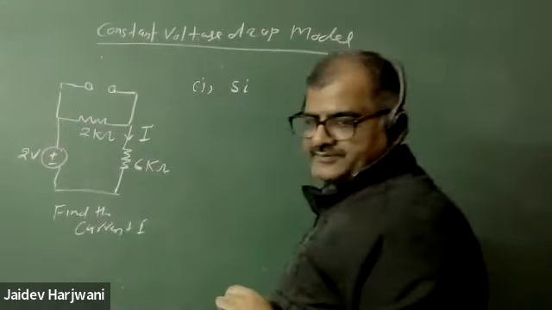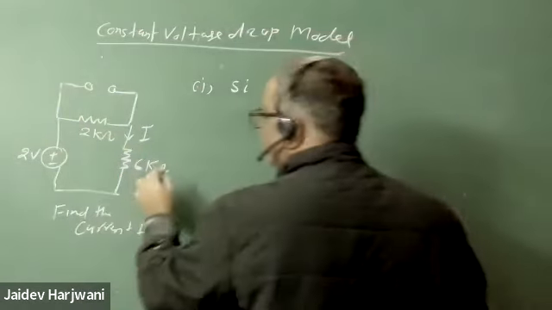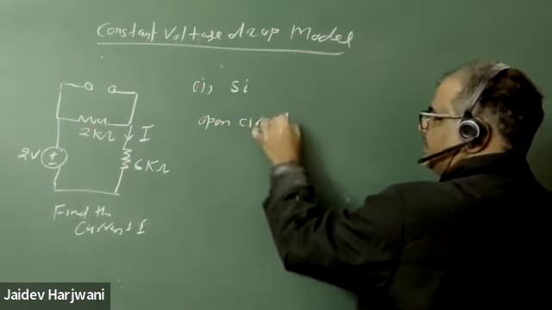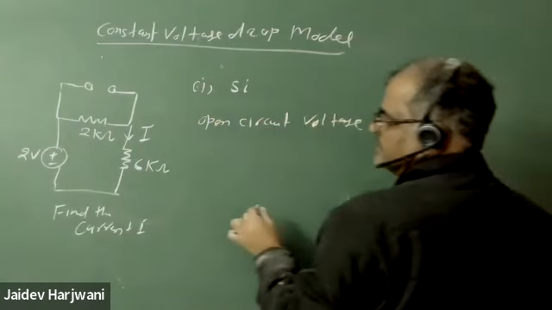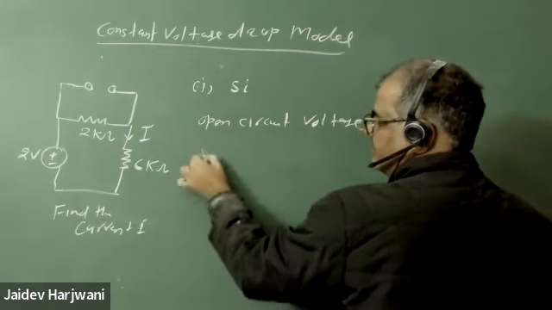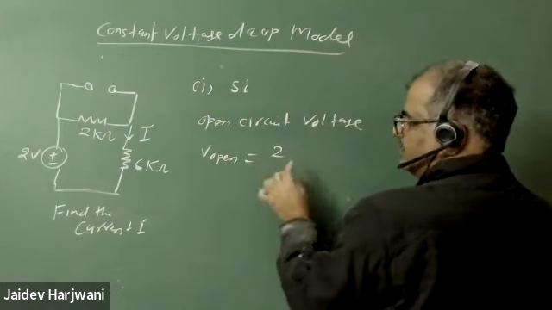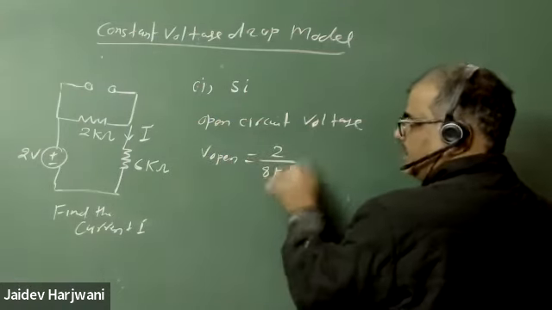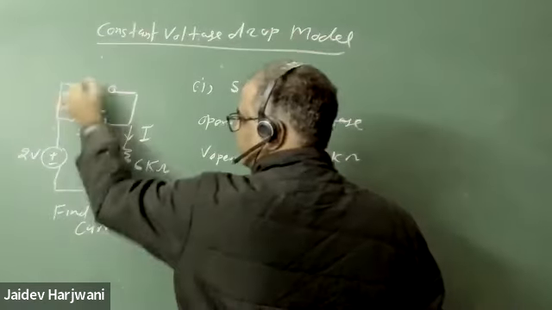The open circuit voltage across the diode: total voltage 2, resistance is 8 kilo ohm, into 2 kilo ohm. This voltage is the same as this voltage.